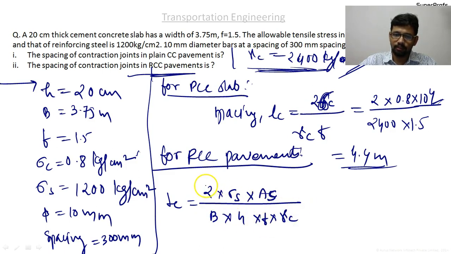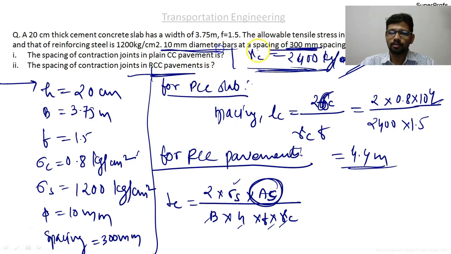Here we know this sigma S value, we know B, we know H, F, and gamma C is known to us, but we don't know the AS value, that is not directly given. The diameter is given and the spacing is given. So for that particular length, what is going to be the area of cross section of the steel provided?